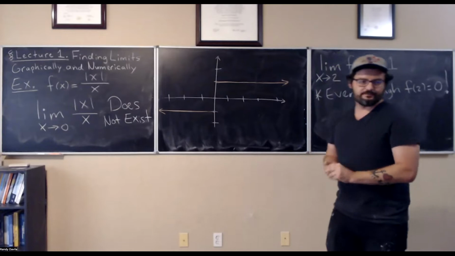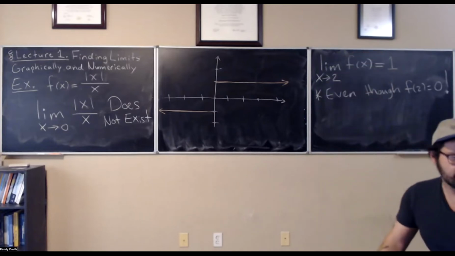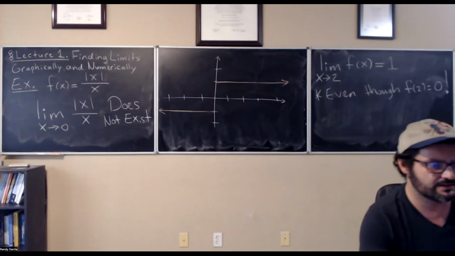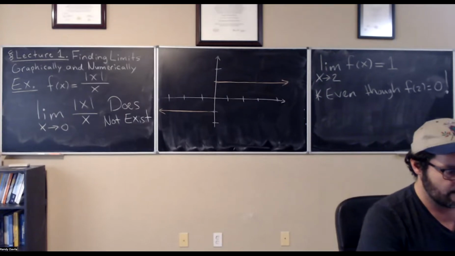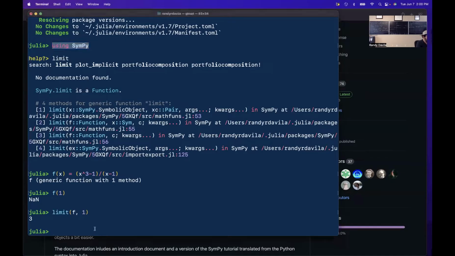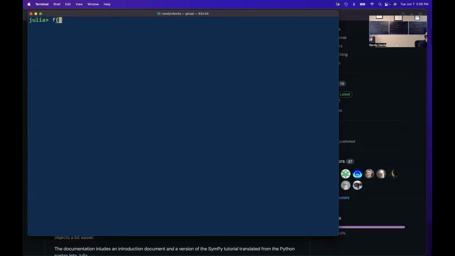Okay. In fact, I'm curious about that SymPy package. I wonder what it's going to say. So let me share my screen. Okay. So Control L to clear everything out. And let's say f of x is equal to absolute value of x, so abs is the absolute value function, divided by x.